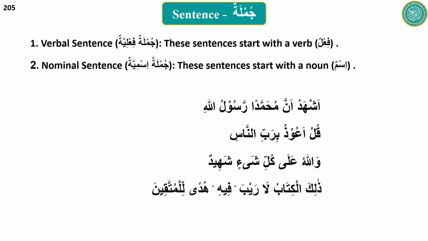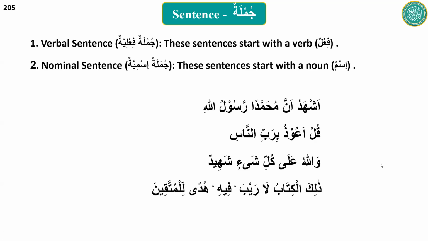Did we ever learn about pointing verbs? It's like words that point at something, like this or that. So are those words fail or ism? Those are ism. Those are ismul ishara, pointers. So this is an ism. So what kind of sentence is it? It's a nominal sentence.